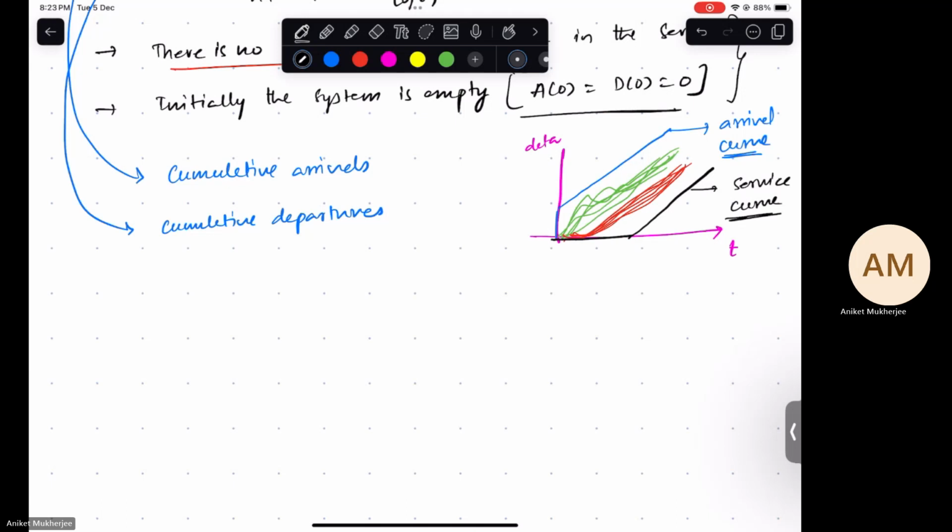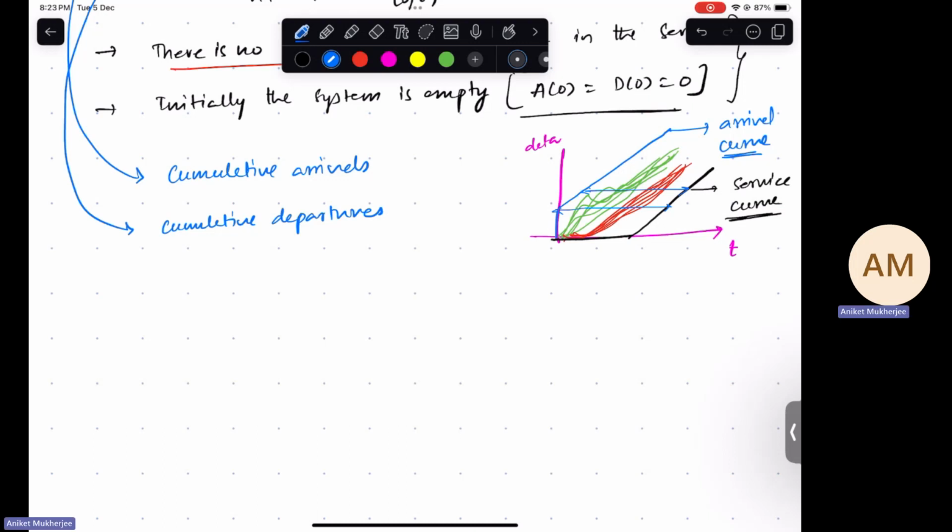Now, given these two, at each point we can try to find the maximum delay that a packet will see, because the only information you know is the deterministic envelope of all the arrival curves. You have 100% surety that the arrival curve will not violate the envelope.